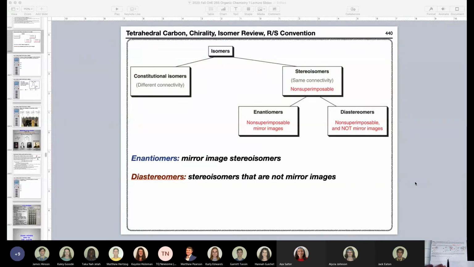So first things first, what is the name of this compound? So, 1,2-dibromocyclohexane.